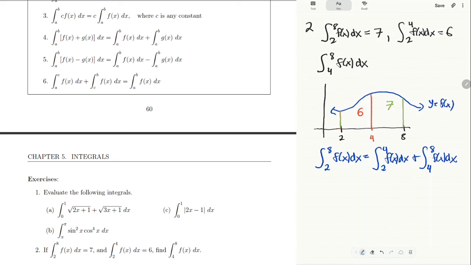And so we can solve for the integral from 4 to 8 by subtracting the integral from 2 to 4 from both sides. And so the integral is going to be equal to 7 minus 6, which is equal to 1.